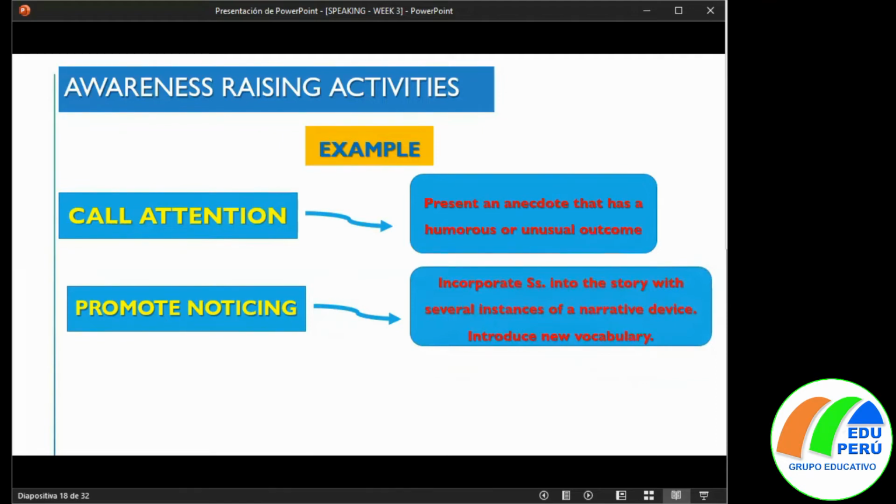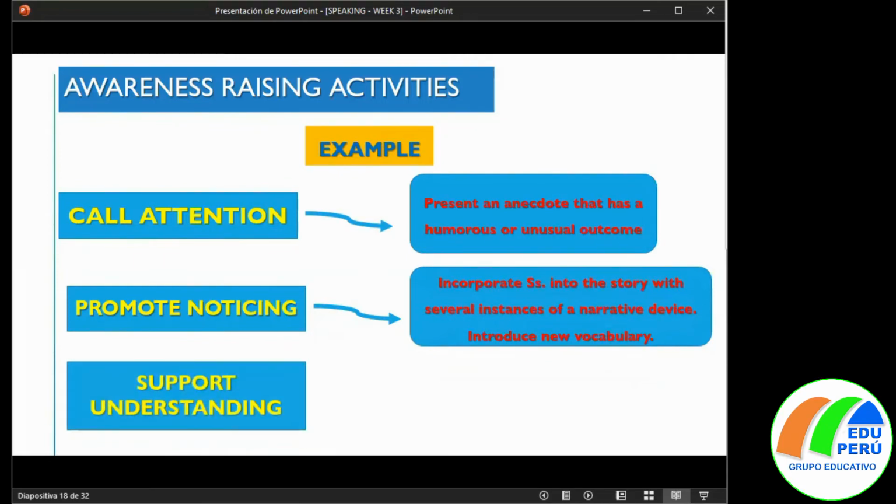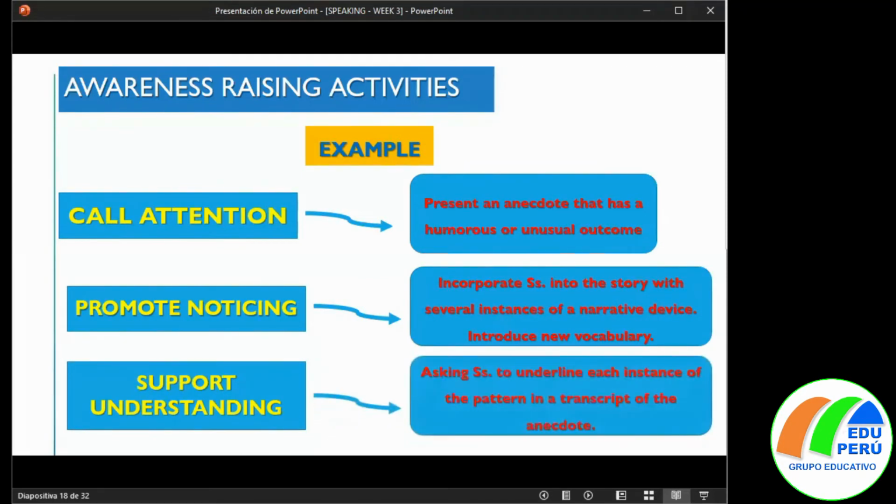So you present the vocabulary that they are going to use, and they are going to recognize it. And finally, to support understanding, ask students to underline each instance of the pattern in a transcript of the anecdote.